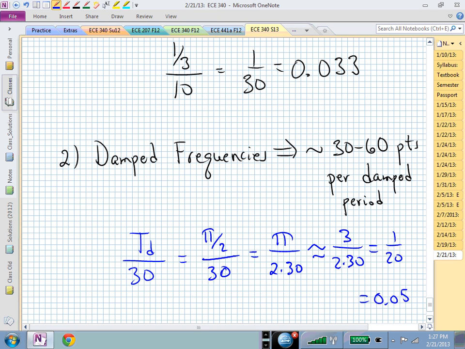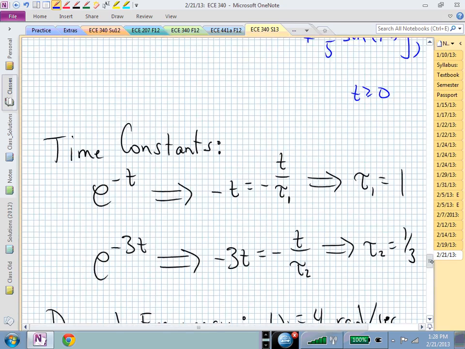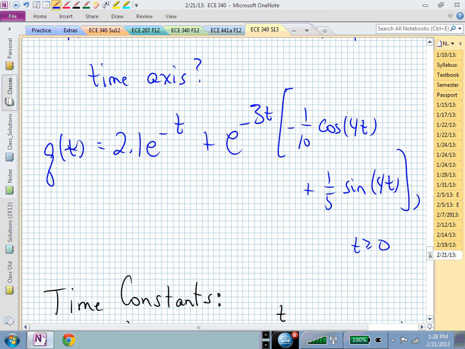So you sample at the finest one, 0.033, or even a little bit less. But the other thing that we have to remember is in this particular case, we had 2 exponential decays, didn't we? We had a time constant of 1 and a time constant of 1/3. We need to pick the smallest of those and then worry about the damped frequency.